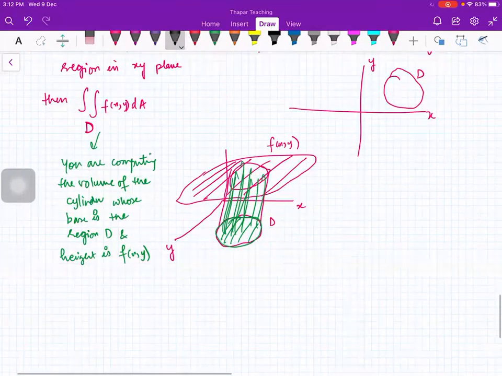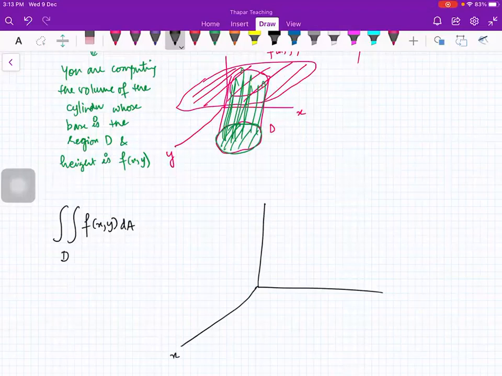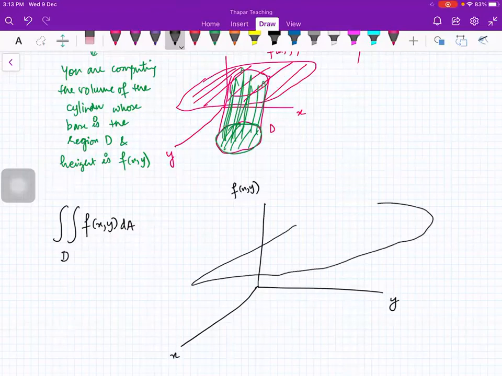What I'm saying is, suppose you have a function f(x,y) of 2 variables and you are defining this integral over a region D, dA, right? So you have the xy plane. Here is your function f(x,y). Now it will be kind of a surface, because for every x and y you have a number. So if you plot it, it will be a surface. And in the xy plane, you have D as your region, and you are computing this number.